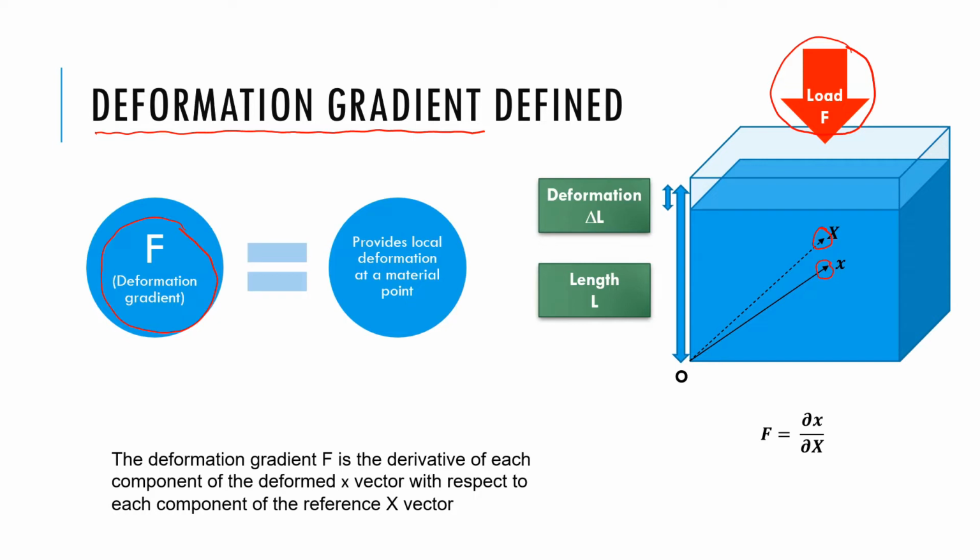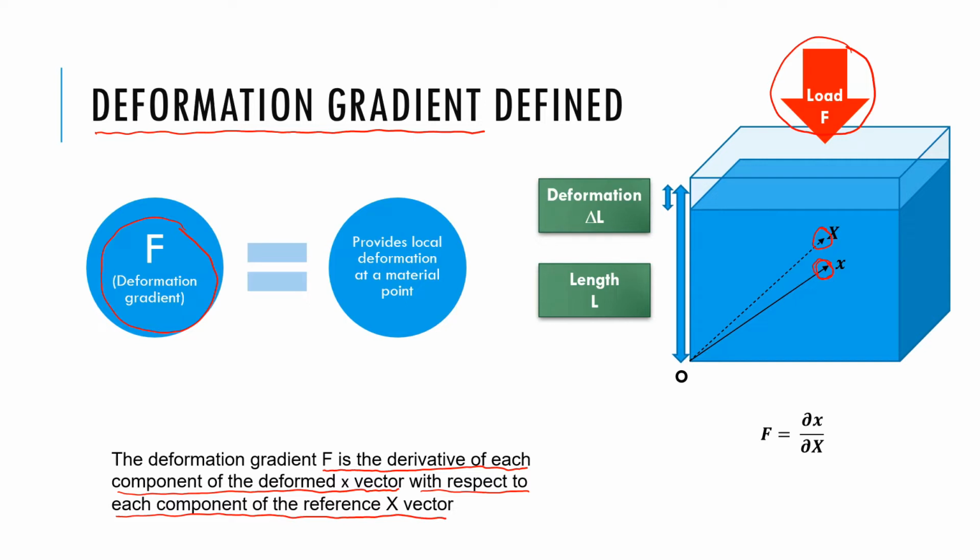So inside the material, we want to keep track of how the points moving in relation to the original location. So deformation gradient F is the derivative of each component of the deformation, the deformed x vector, with respect to each component of the reference x vector.